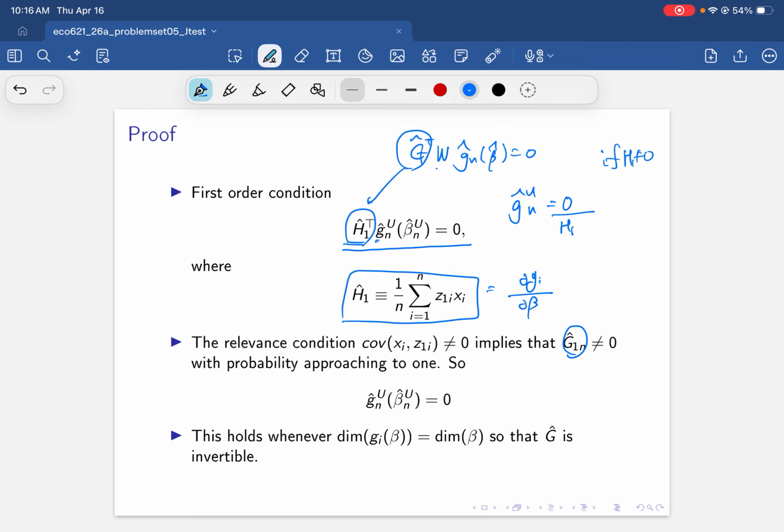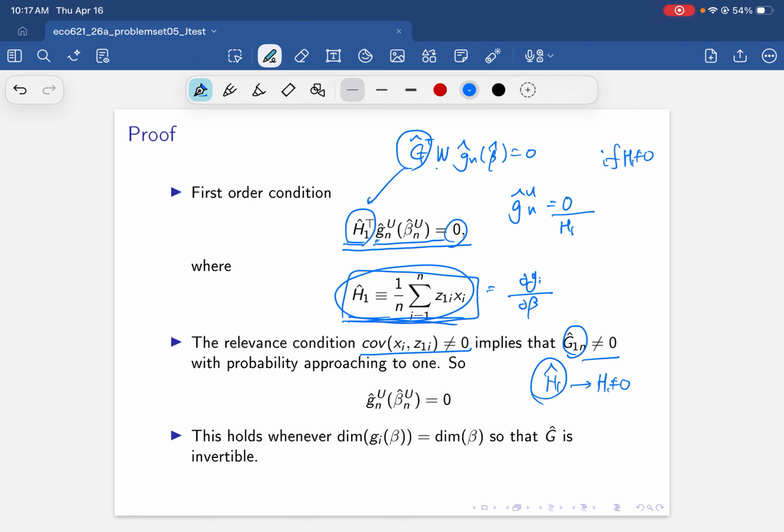So if you show that H1 is not 0, then of course the moment should be 0 for this to be true. We have to make sure H1 is not 0, and that is from the relevance condition. This is the sample covariance because X is demeaned. The sample covariance between X and Z1 is non-zero in the limit, so H1 hat converges to H1 that is not 0.